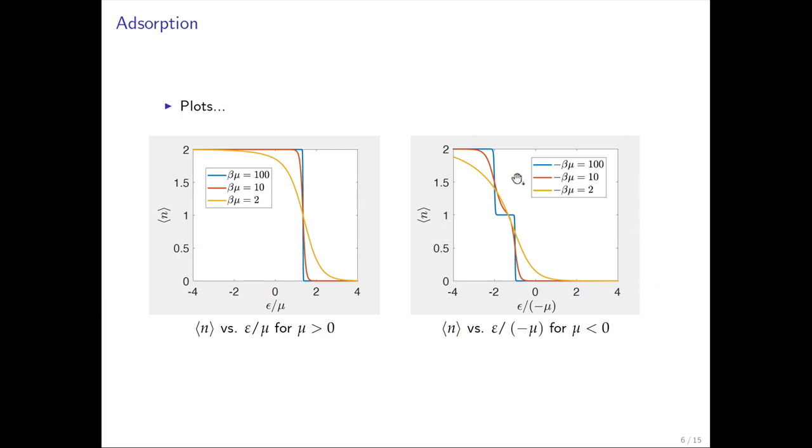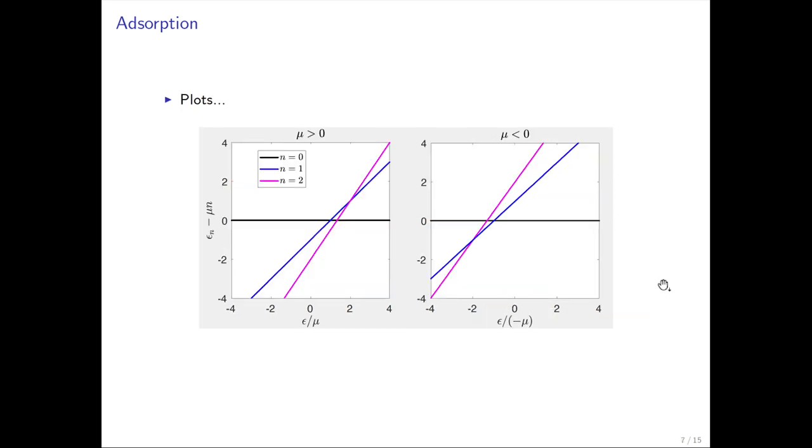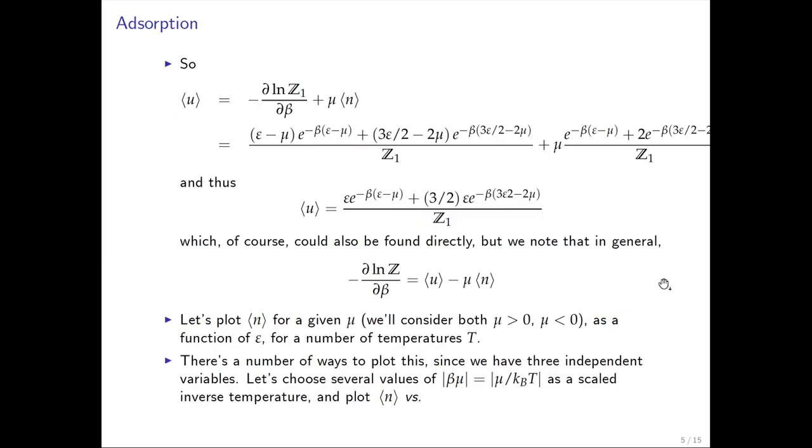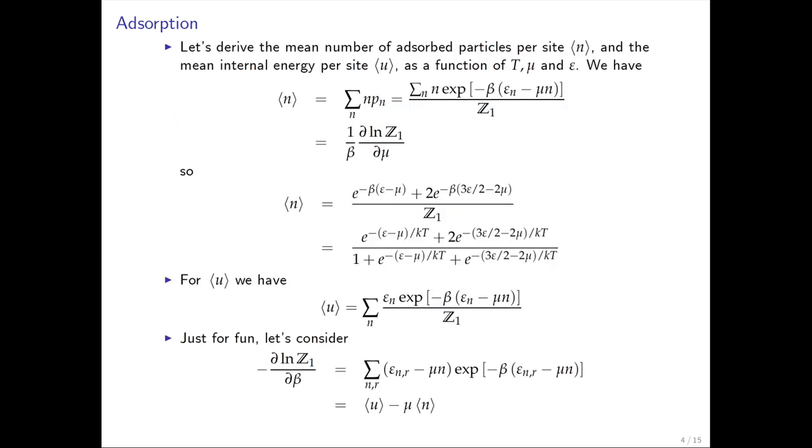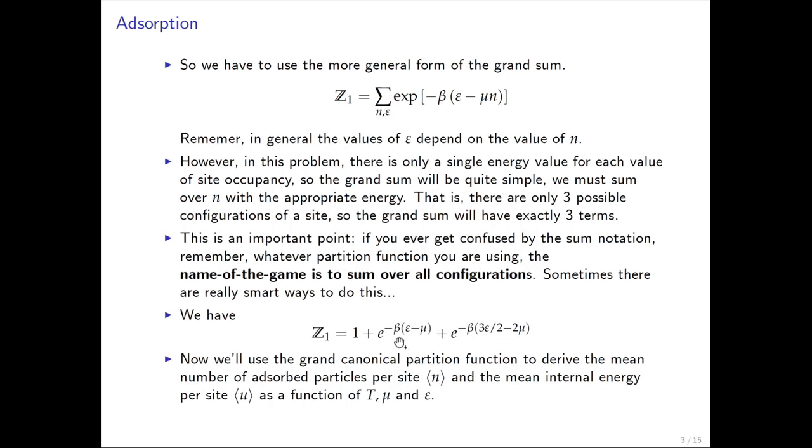Now, another way to see what's going on here, why you have a step from 2 to 0, and in this other case you go 2 to 1 to 0, is you can look at the exponential terms. That is, in our partition function, let's go back to the partition function here. You can see what's going on if you look at these factors. At low temperature, this beta would be getting very, very large.